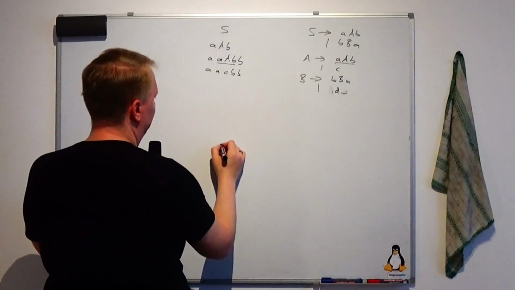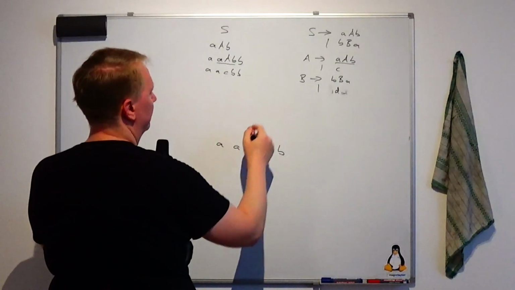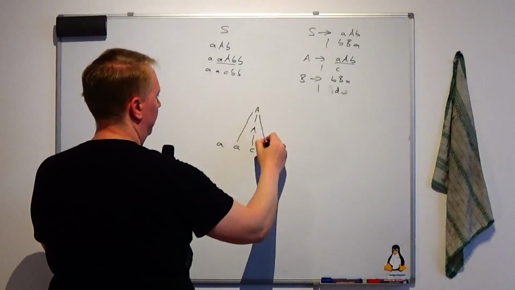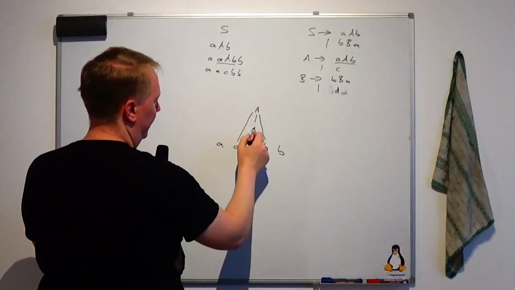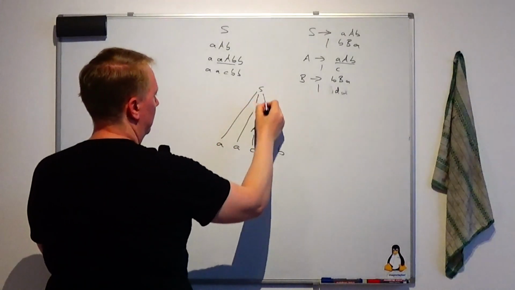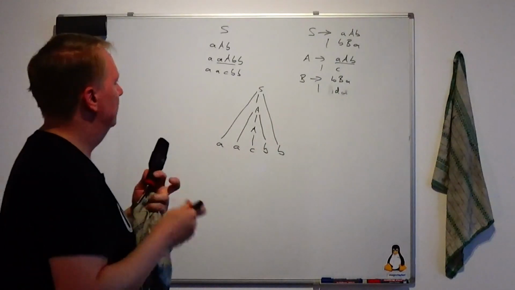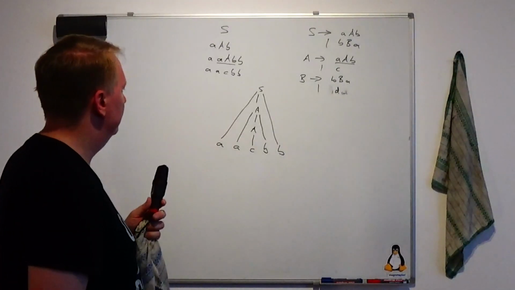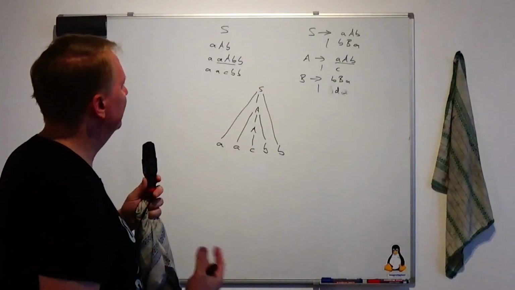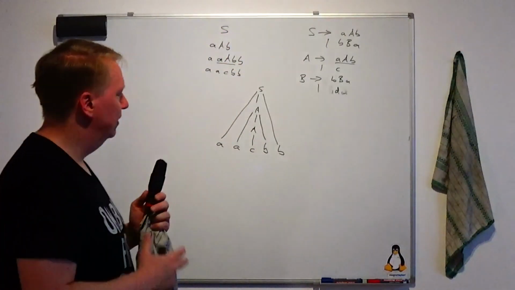So you could draw this like this: A, C, B, B. Now this C comes from that A, so you have that A. This A, B comes from an A. Okay, so this gives you kind of a tree that contains all the information about how you went from an S to this final text here.